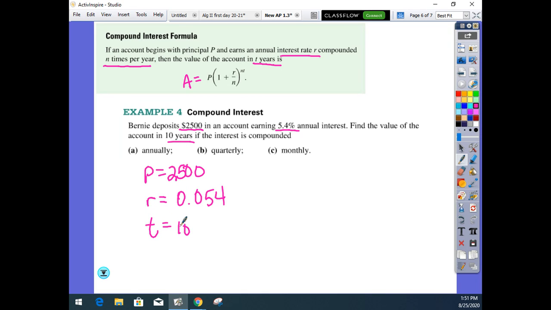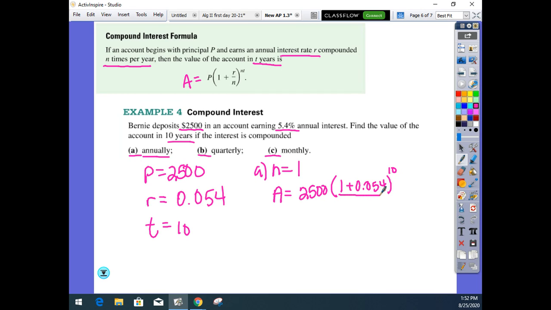Now our N is going to change accordingly for each ABC. For letter A, N equals once. Annually is once a year. So A equals P, write it all out, times 1 plus the rate divided by 1, so it's just the rate, to the N times T. 1 times 10 is just 10.